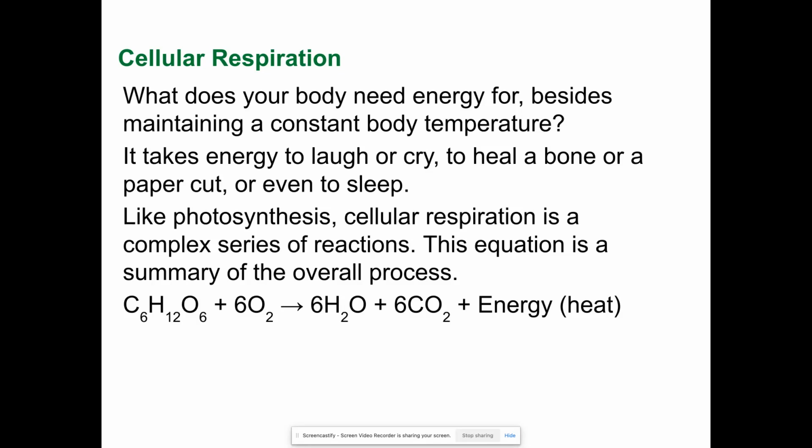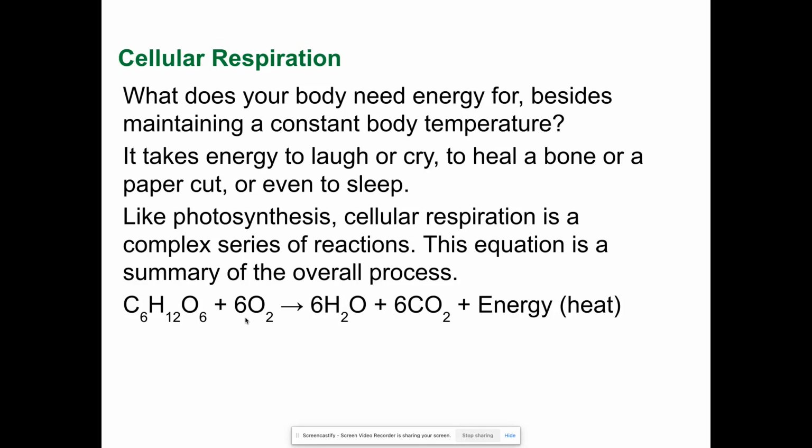Like photosynthesis, cellular respiration, when you breathe, is a series of complex reactions. This equation is a summary of the overall process. So here you have sugar that you've eaten from a plant, and it doesn't necessarily have to be a plant. It could be if you eat meat, but the source is from sugar.